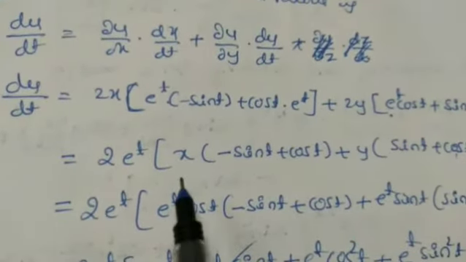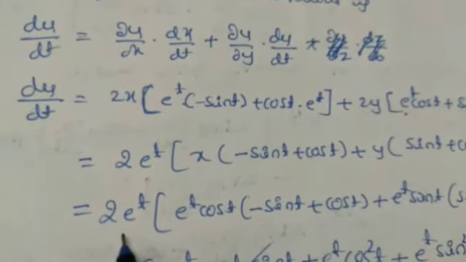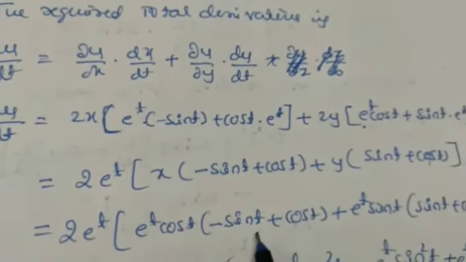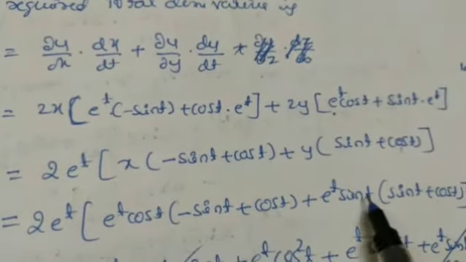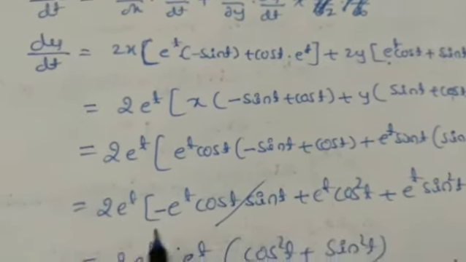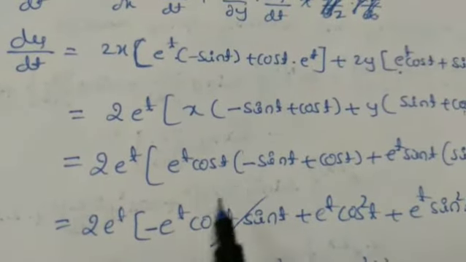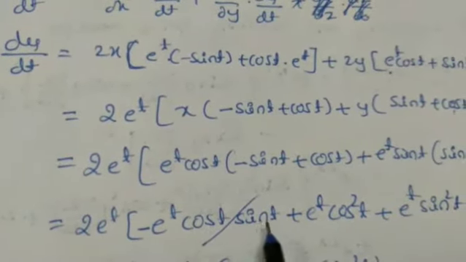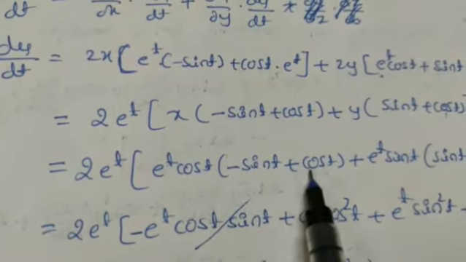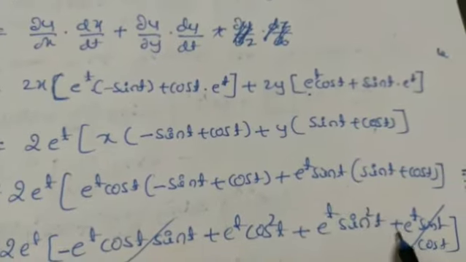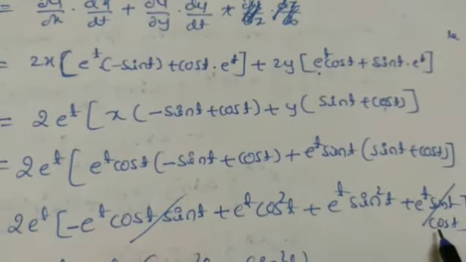Substitute the values of x and y in this. This is 2 e raised to t as it is, x equals e raised to t cos t into this bracket as it is, plus y is e raised to t sin t into this bracket as it is. Let us simplify. 2 e raised to t as it is, open this bracket: minus e raised to t cos t into sin t, plus e raised to t into cos square t, plus e raised to t into sin square t, plus e raised to t into sin t into cos t.